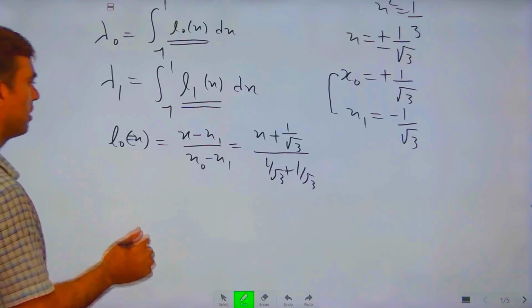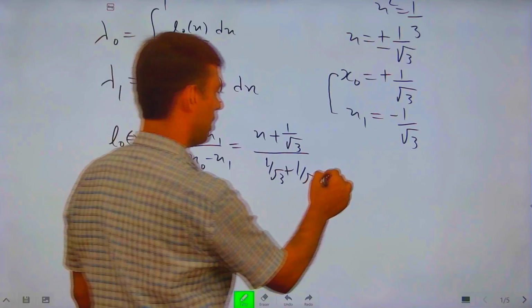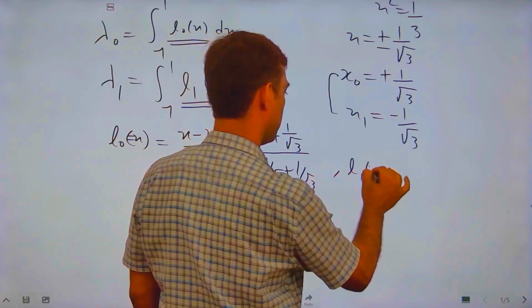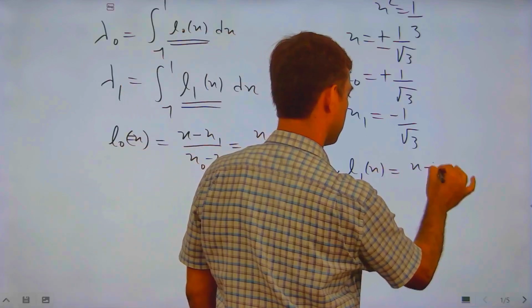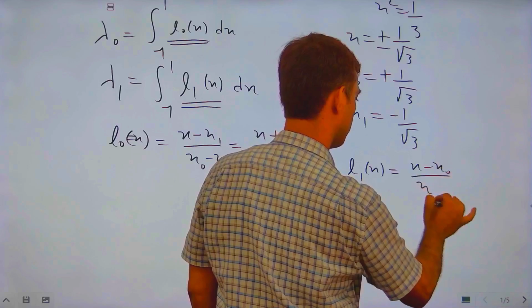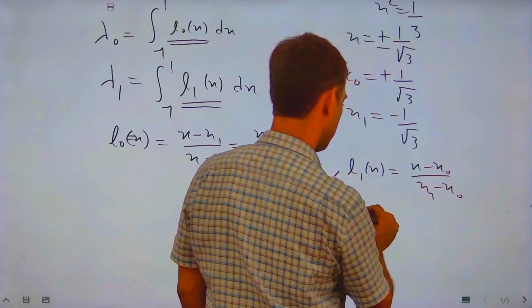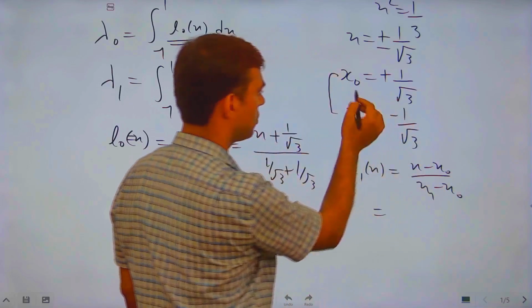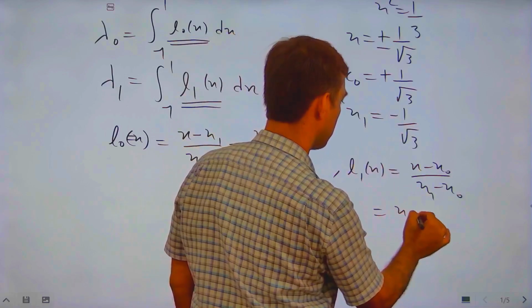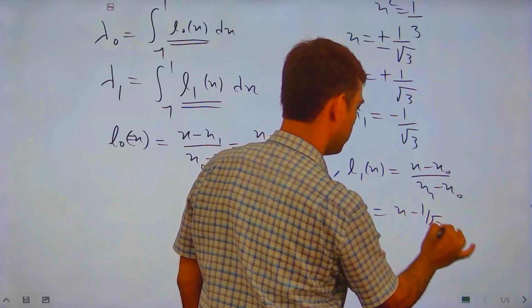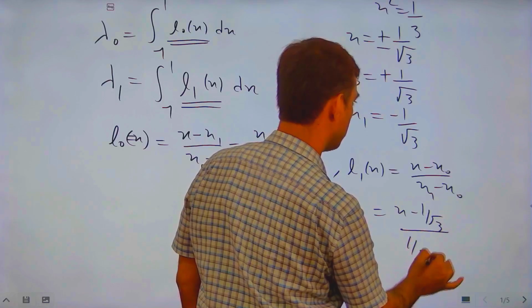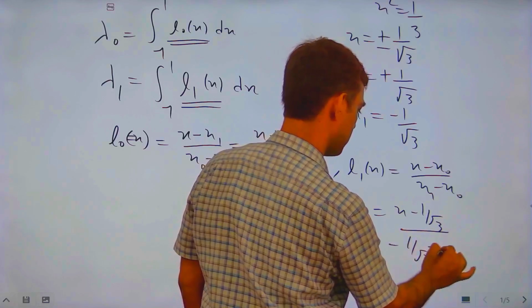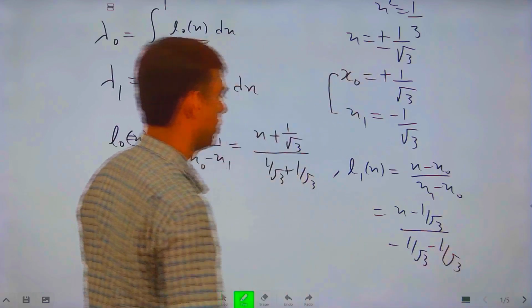And similarly, what is L1(x)? L1(x) is (x minus x0) divided by (x1 minus x0). So, x minus x0 is x minus 1 upon root 3, divided by x1 minus x0, which is minus 1 upon root 3 minus 1 upon root 3.